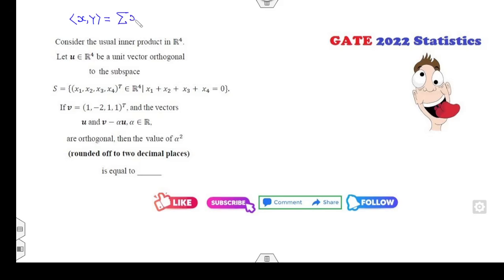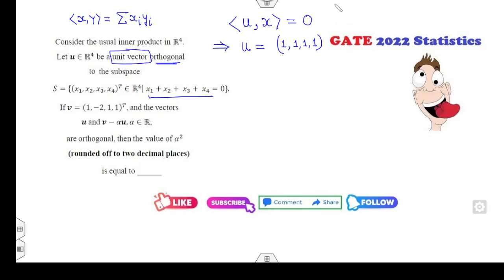That means it's the dot product, sum of xi, yi. Let u be the unit vector orthogonal to the subspace. That means u, x must be 0. Fine, so what will you have? Basically u will be, taking the coefficients, 1 1 1 1. If you take x as x1 x2 x3 x4, then this will be your dot product. But here what is said? Unit vector. How do you make them a unit vector? I can divide it by its length, 1 square plus 1 square plus 1 square plus 1 square, that is my 2. This is my u.